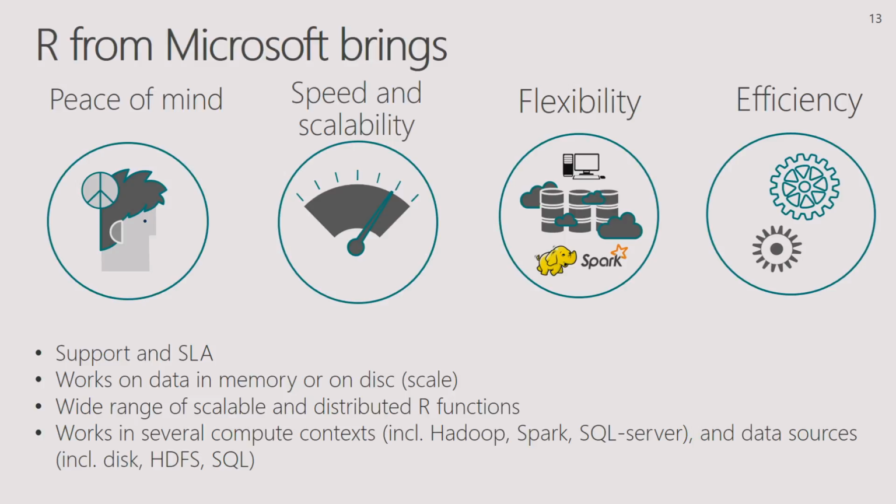So collectively, all these benefits taken together, I think it gives you peace of mind from the support and SLA point of view, speed and scalability because you can have parallelly executed algorithms, and flexibility because once you write your code, you can port it to many different compute contexts with very limited change in the code that you need to make. And all of this taken together gives you much more efficiency than you would have otherwise.